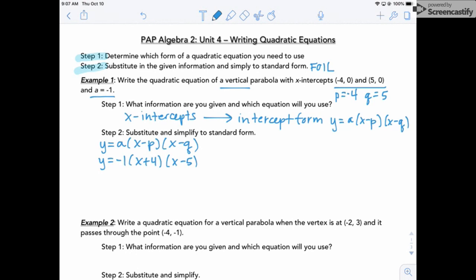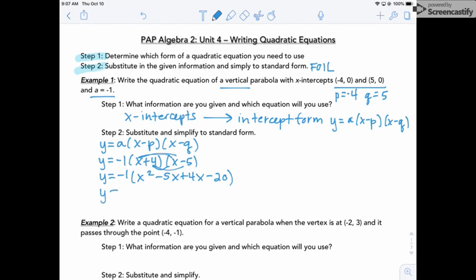So from here, we're going to FOIL, because we're trying to get this into standard form. So let's go ahead and do that. So we get y equals -1 times, let's FOIL this out, x times x, x squared. X times -5, -5x, 4 times x, +4x, and 4 times 5 is a +20, so -20 with the sign as written.